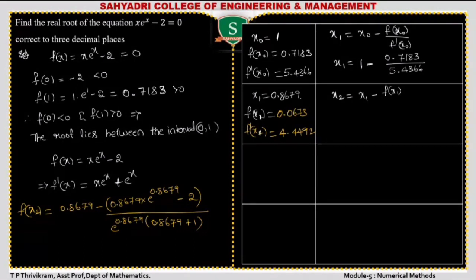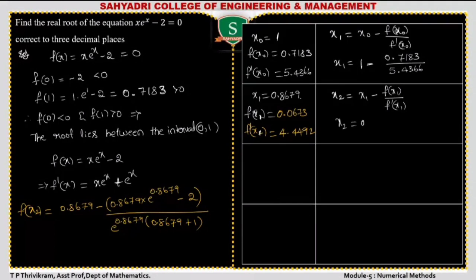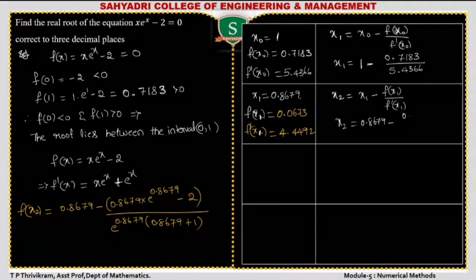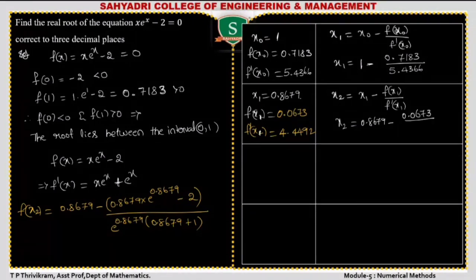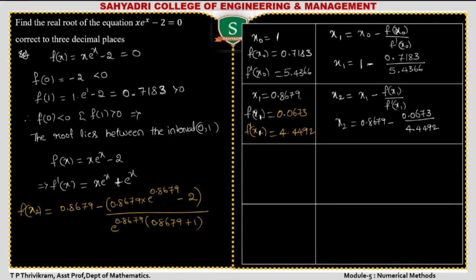f(x1) divided by f'(x1). So x2 is equal to how much? 0.8679 minus 0.0673 divided by 4.4492.